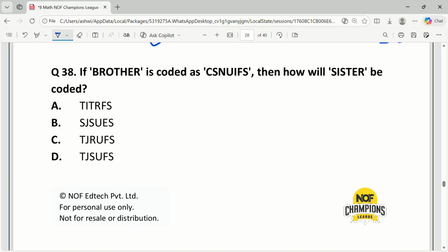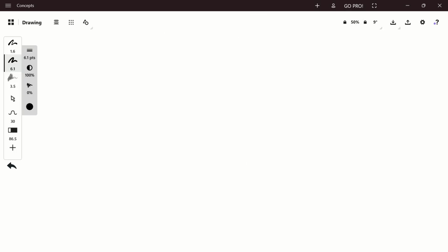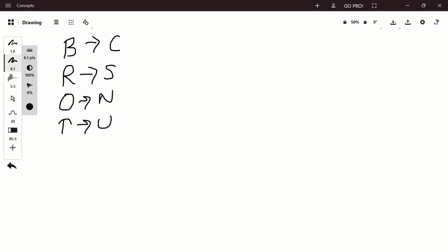Comparing the letters of BROTHER with CSNUIFS, we have B as C, that is plus one position in the alphabet, R as S, O as N, T as U, H as I, E as F, R as S. The pattern is +1 for all the letters except the third letter, which is -1.